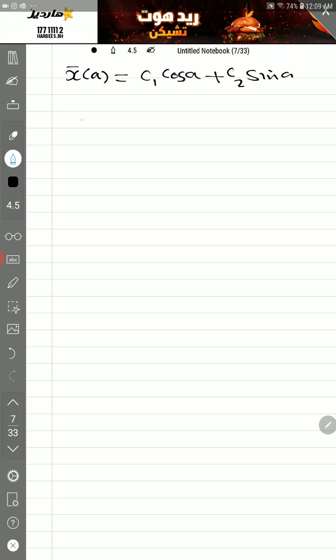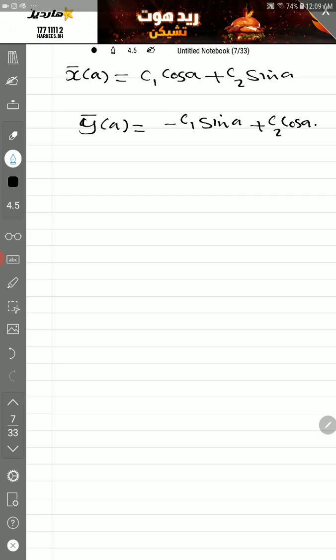So the derivative dy bar will be y bar of A. Just take the derivative of this one, it will be minus C1 sine A plus C2 cosine A.